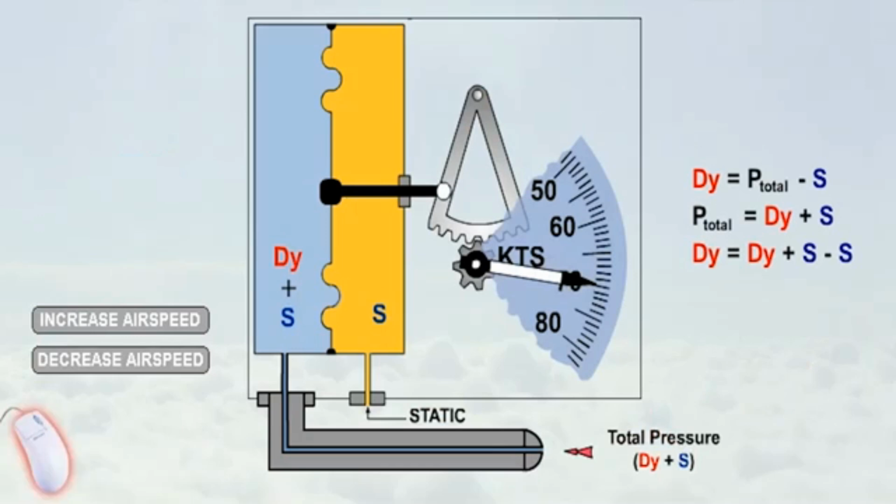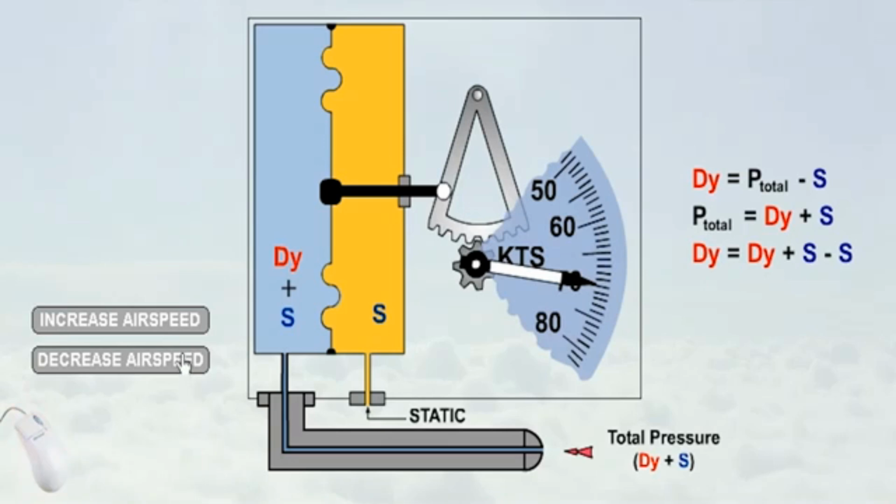In principle, the simple airspeed indicator can be considered as an airtight box, divided by a flexible diaphragm, with pitot pressure fed to one side of the diaphragm and static pressure to the other side, as shown here. The pressure difference across the diaphragm is dynamic plus static minus static, which is dy, the dynamic pressure.